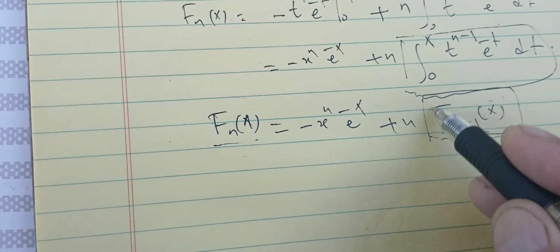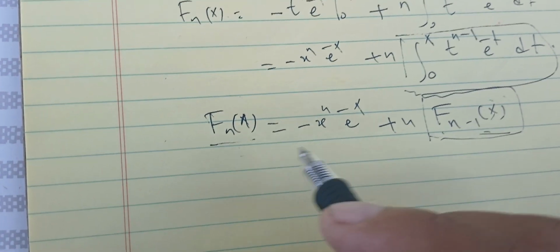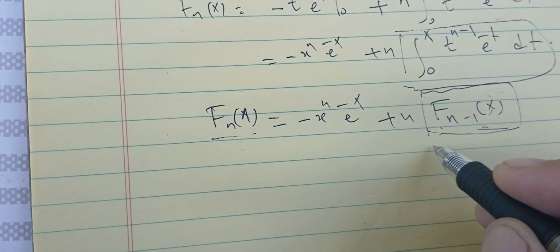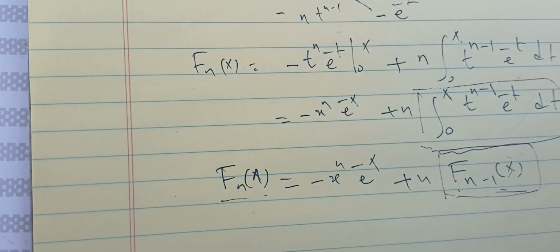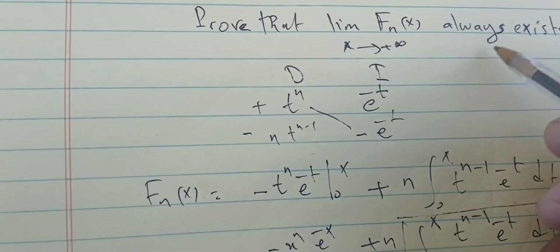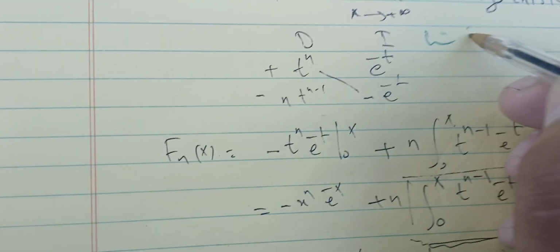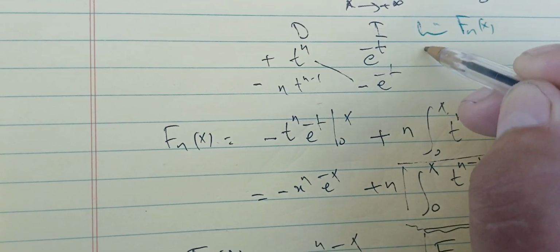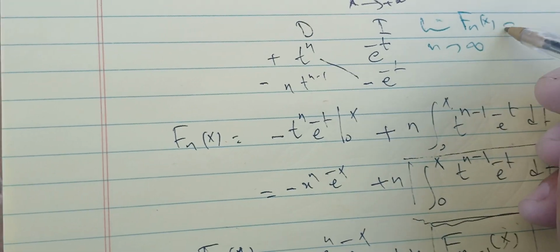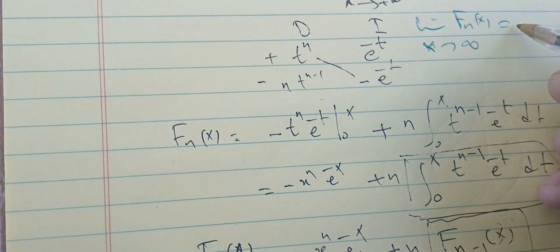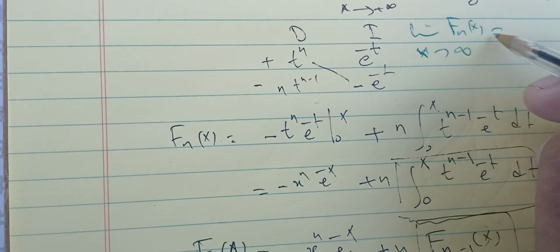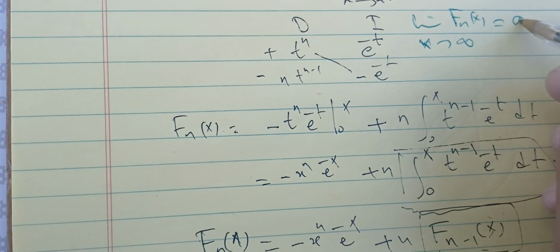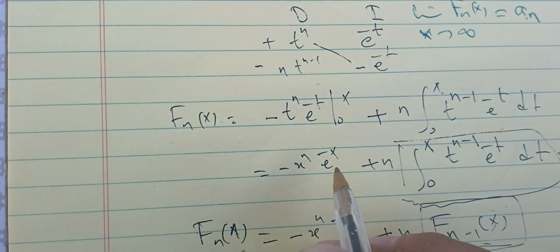So if we denote this limit, the limit of f_n(x) as x goes to infinity, as a_n.